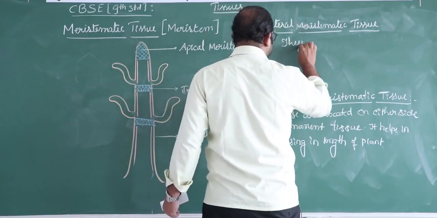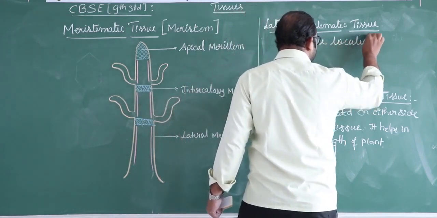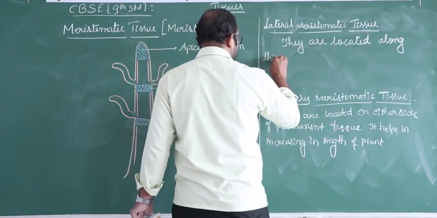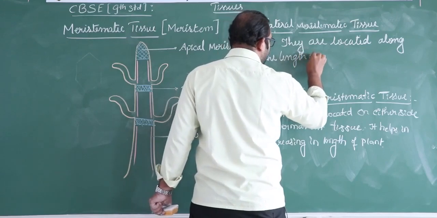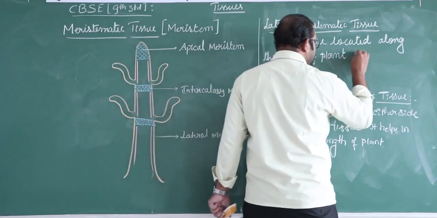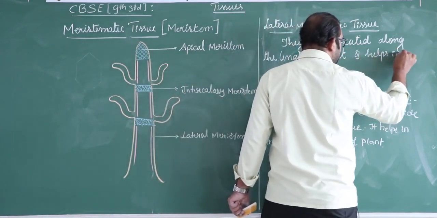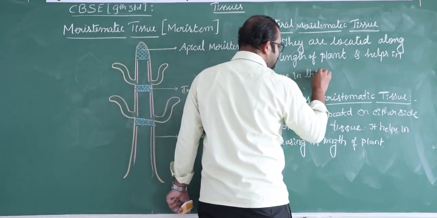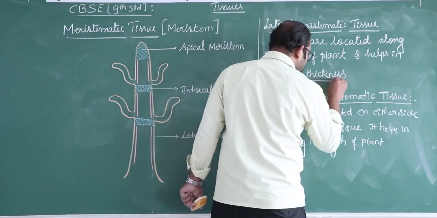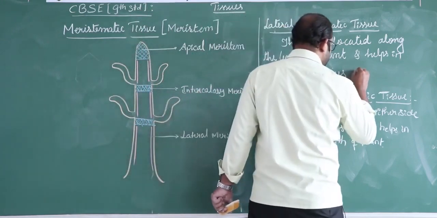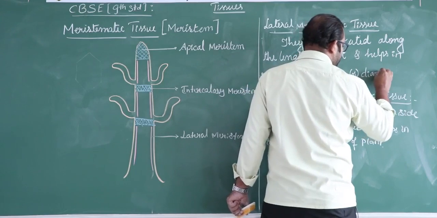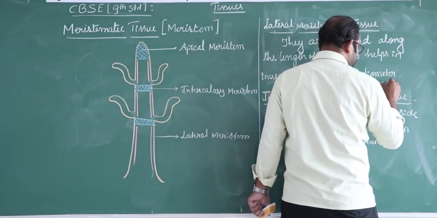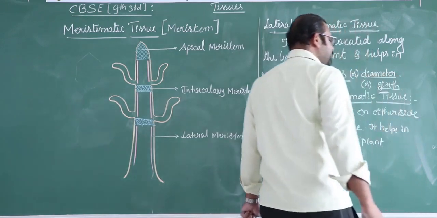They are located along the length of the plant and help in increase in thickness, or we can use other words, girth or diameter, girth of the plant body.